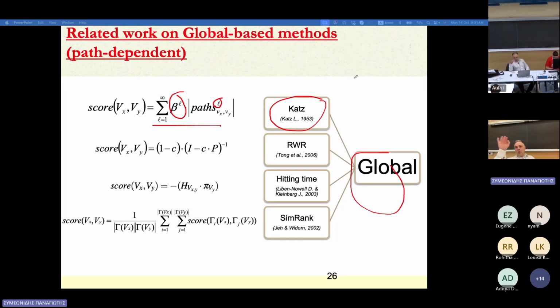You should put more importance on smaller paths, of size 2, let's say, not of size 10.